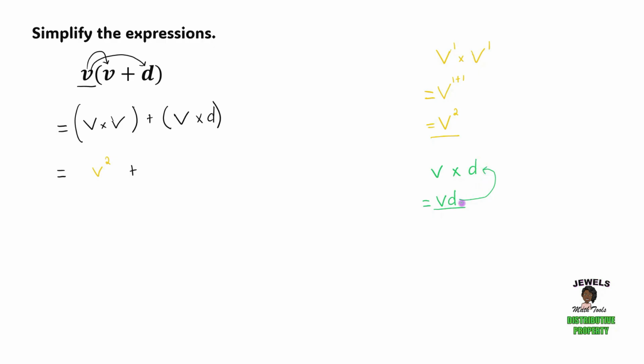So our vd means the exact same thing as v times d. This is just the format that is written in. So again, that is a rule in algebra that you must remember.